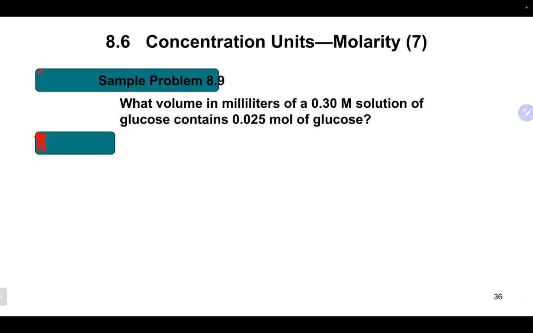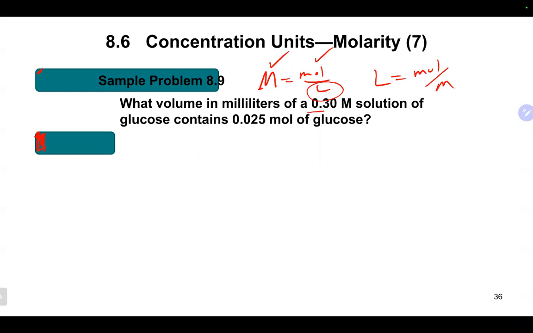Okay, let's take a look. If you're not sure, obviously we're dealing with molarity, which is moles per liter. In this case, they gave us the molarity and they gave us the moles. So obviously here we want to rearrange it and solve for liters, which would be moles divided by molarity.